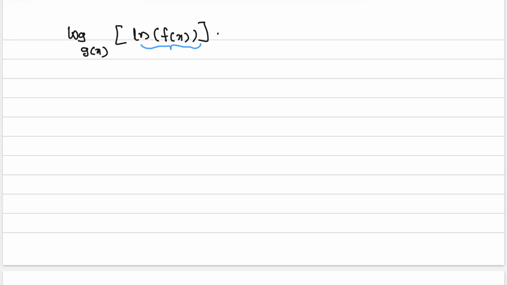It is a natural logarithm. ln f(x) is equal to log to the base e of the function f(x).